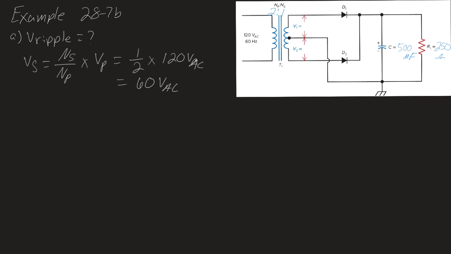Since this is a full wave rectifier and the voltage is going to split and go through both diodes, we can say that V1 is equal to V2, which is equal to the voltage of the secondary divided by 2. So that gives us 60 volts AC divided by 2, which is 30 volts.